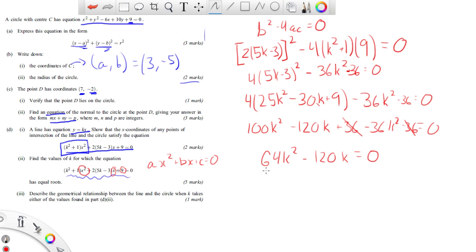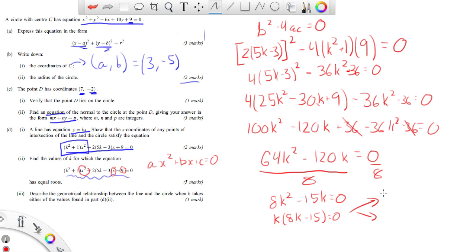All right, so we can divide everything by 8. So we're going to have 8k squared minus 15k is equal to 0. And then we are going to basically just solve for this. So we can factor this out. So we're going to have k brackets 8k minus 15 is equal to 0.